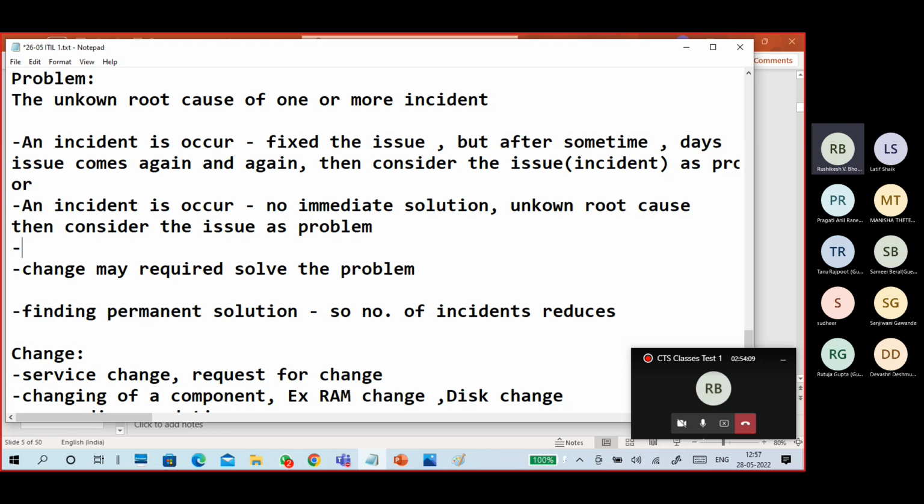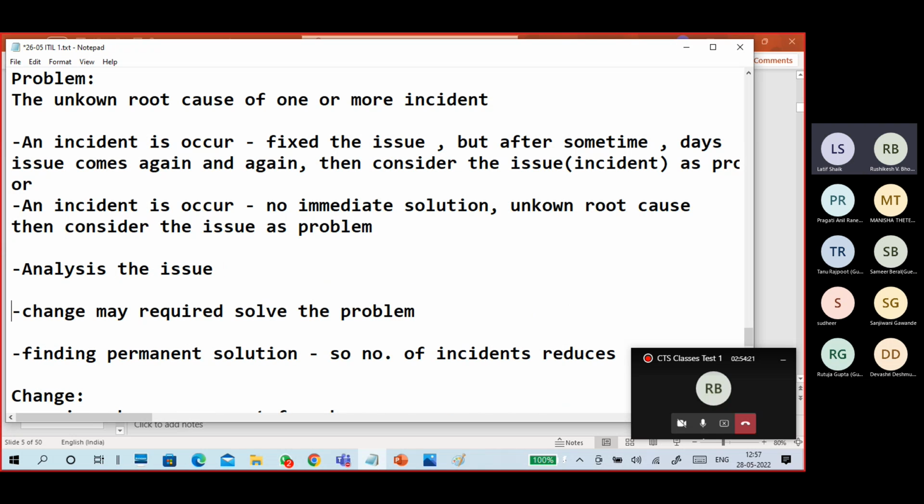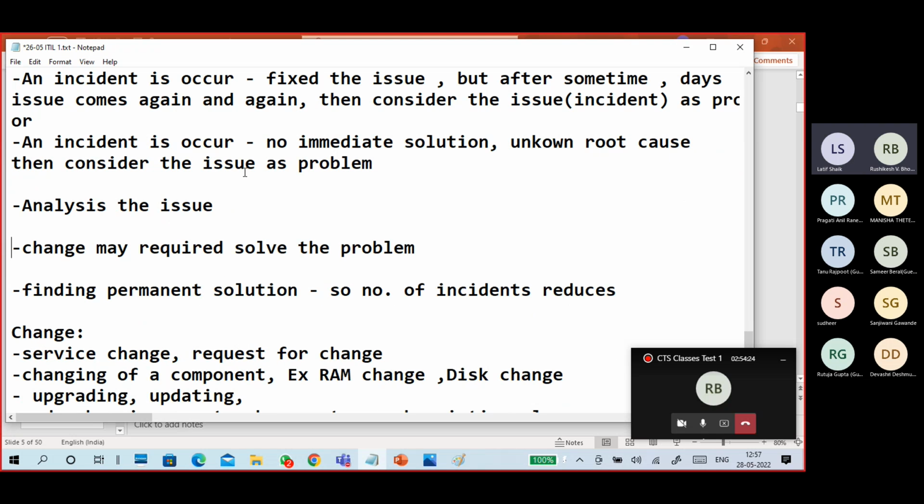Okay, what to do? Analyze the issue. First of all, an analysis is required. Analyze the issues: why it occurs, where it occurs, what the root cause is. Find the root cause of the issue.